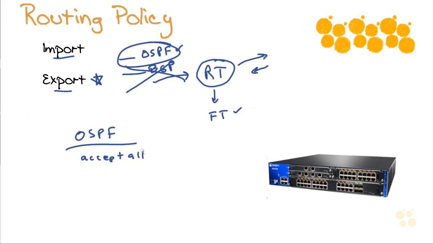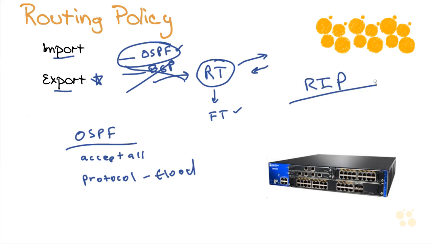The default export would be to take everything from the protocol and flood it. So by default, we're going to take all of the OSPF LSAs that we know of, and we're going to export those.